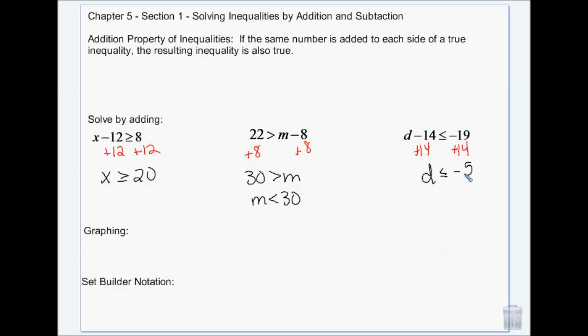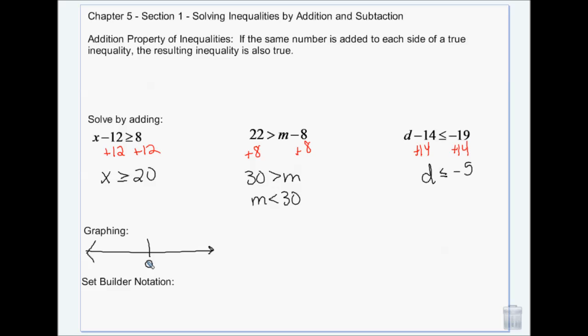Now, the difference between an equation and an inequality is that we can graph these. How so? Well, first we start with a number line, and we put 0 on it. I do not expect you to put 20 little perfect lines.